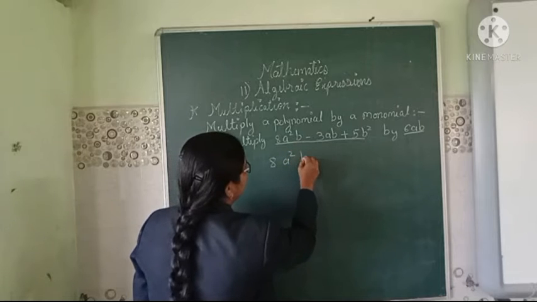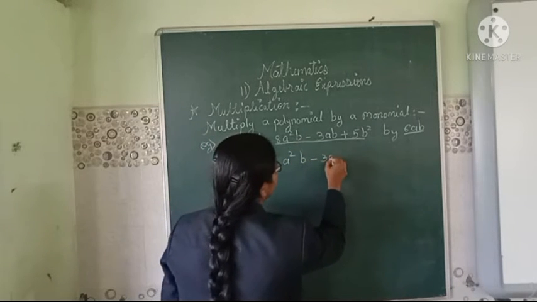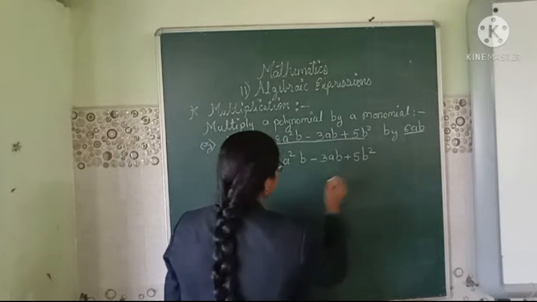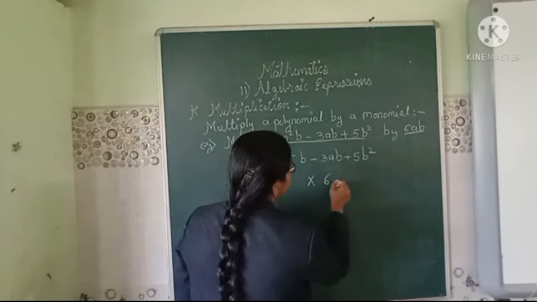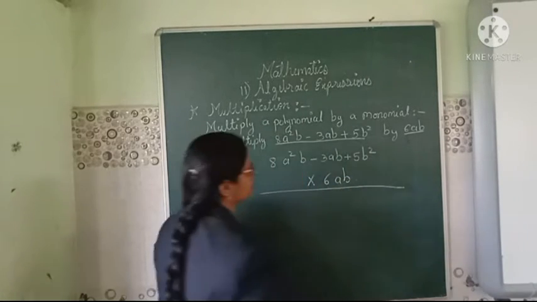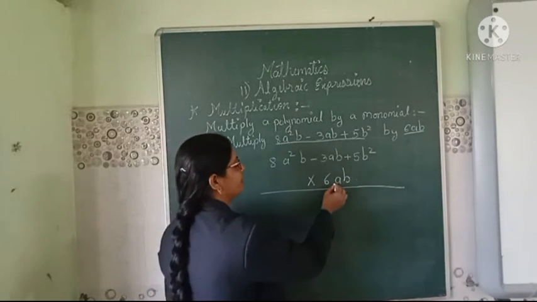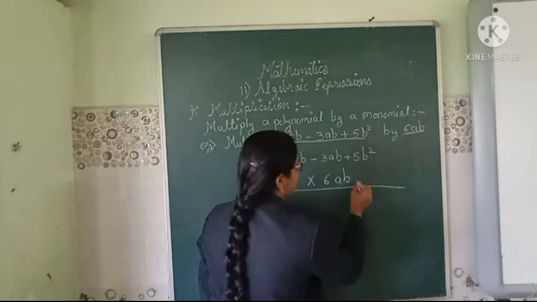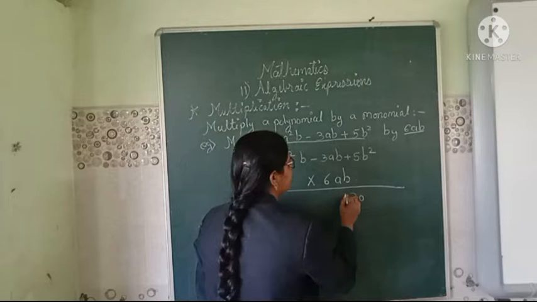8a square b minus 3ab plus 5b square, multiplied by 6ab. So this is our question. Start from here. 6 fives are 30. See the sign also, the sign is positive.